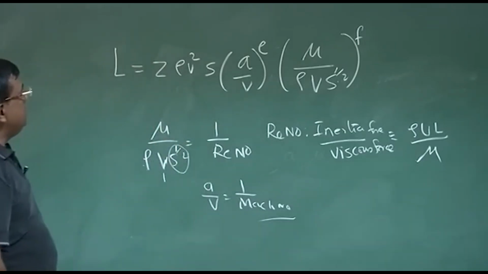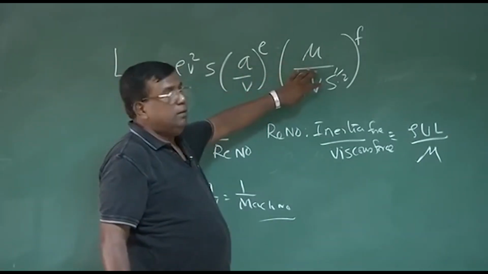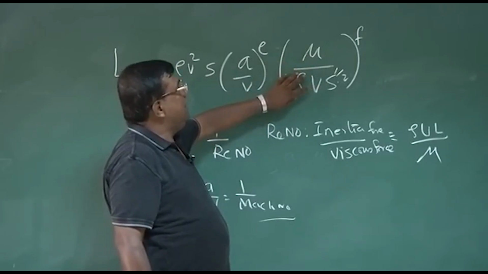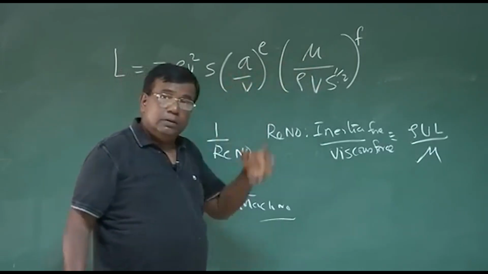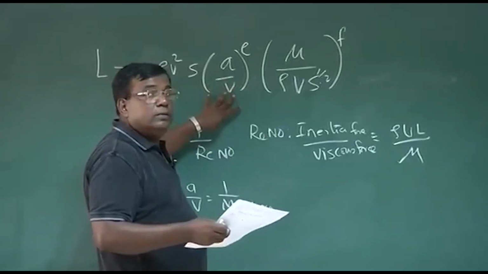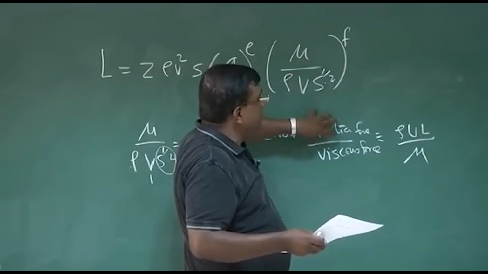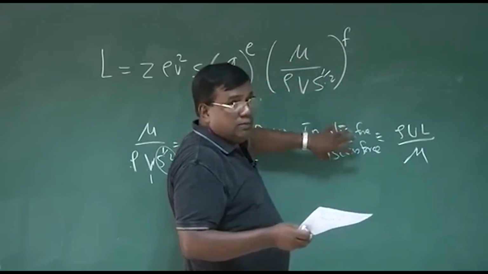So the message here is there are two non-dimensional numbers which are to be used to reduce your number of testing and add better value in the interpretation of this whole modeling. When I talk about Reynolds number, I understand this is inertia to viscous force.